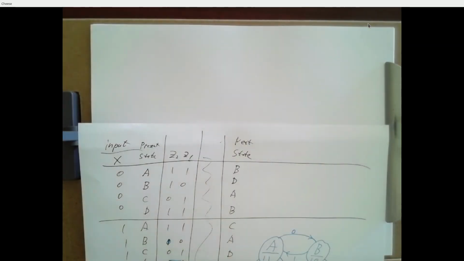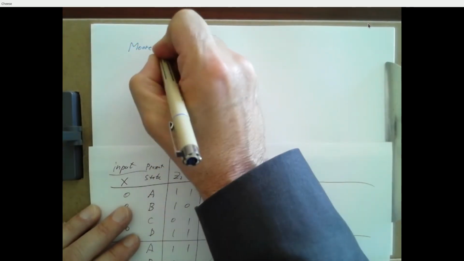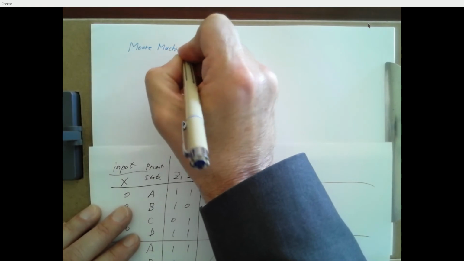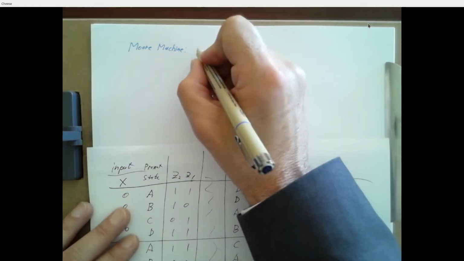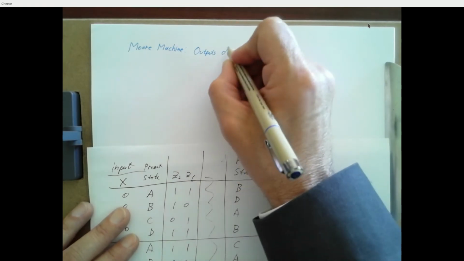So the machine that we worked with here after I made these corrections is called a Moore machine. In the Moore machine, the outputs depend only on the state.